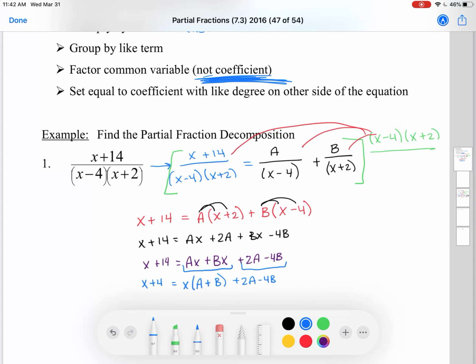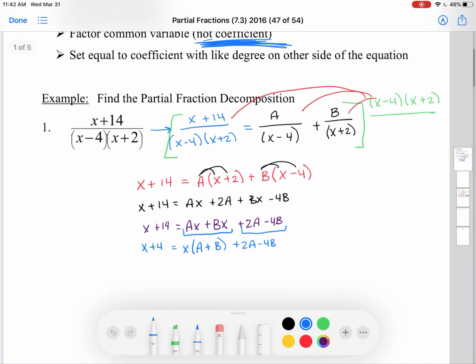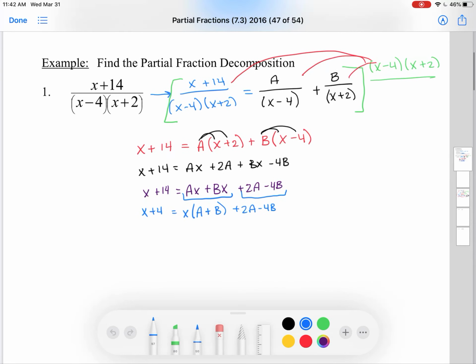All right, and we're almost there. So now we're on that last step that says set equal to coefficient with like degree on the other side of the equation. So what's happening here is it's saying that this a plus b matches with x, and on this side, what is the number that matches with x?